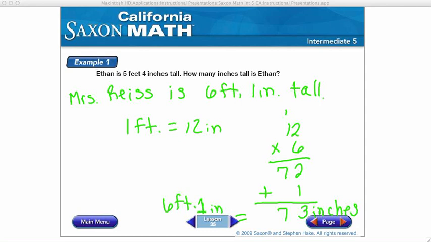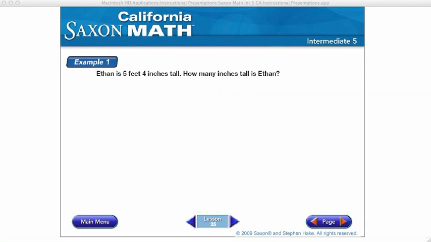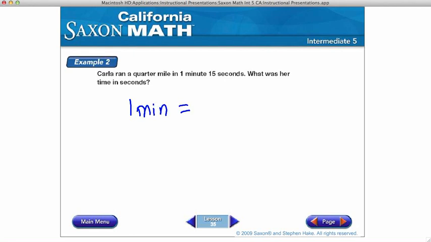Okay, let's look at example 2. Carla ran a quarter mile in 1 minute 15 seconds. What was her time in just seconds? Well, I know that 1 minute is equal to 60 seconds.